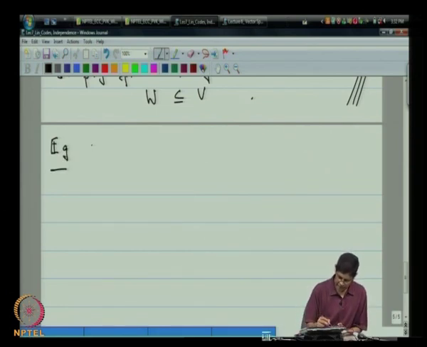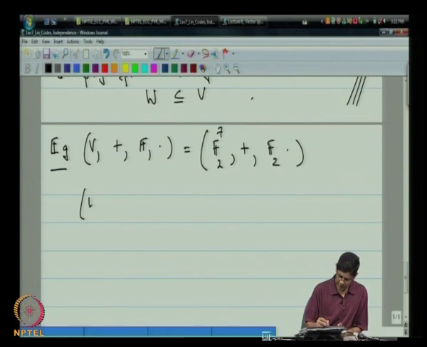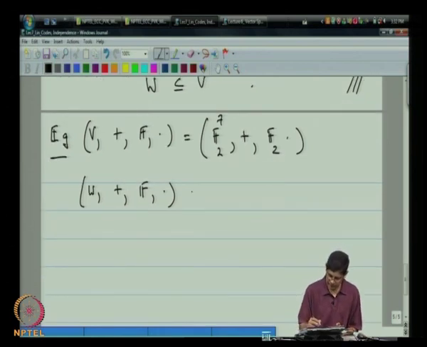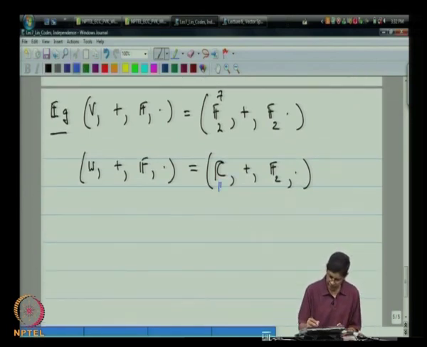Let us say that your parent vector space, that is V plus F dot, is F2 to the 7 plus F2 dot, and that the subset that you are intending to test is a code, and the particular code that I want to test here is the even parity or the single parity check code.